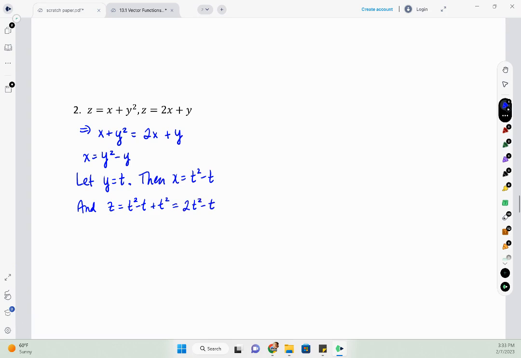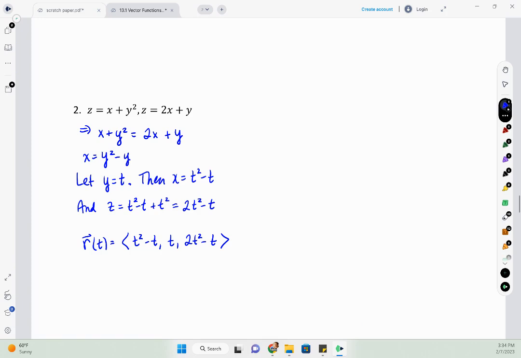All right, we have our three components. So r of t is equal to a vector with components. Our x component is t squared minus t. Our y component is t. And our z component is 2t squared minus t. And that's it. That's all we've got.